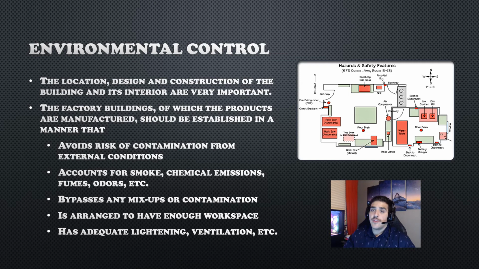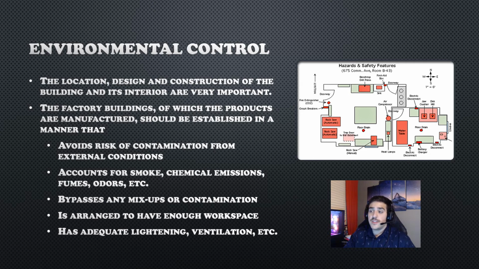Now we have the procedures or parts of the good manufacturing practices, the first one being environmental control. The location, design, and construction of the building and its interior are very important.